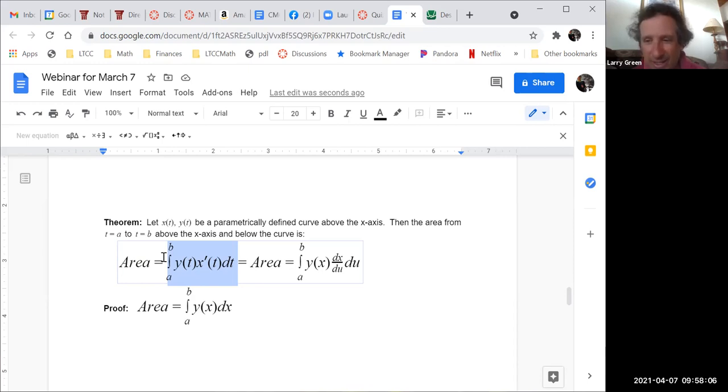From last quarter. When you have a product of two functions, what do you often have to do? Not always, but often. Product rule? Integration by parts. There is no product rule for integration, but there is integration by parts. So be ready in case you need integration by parts.